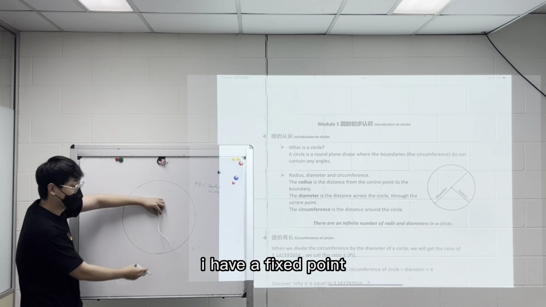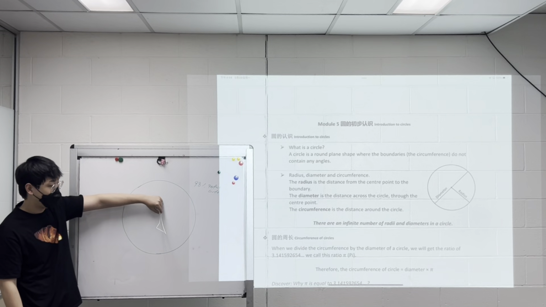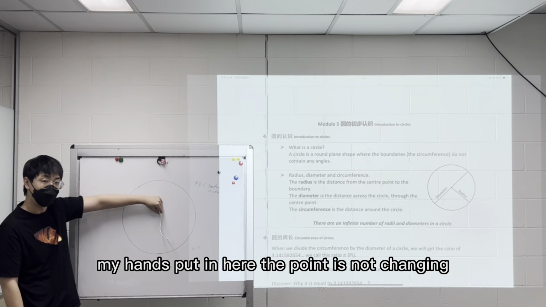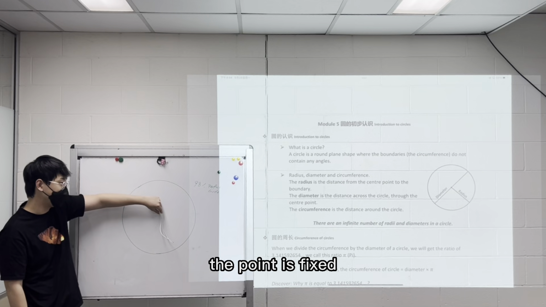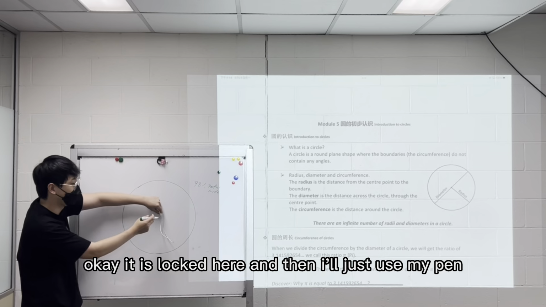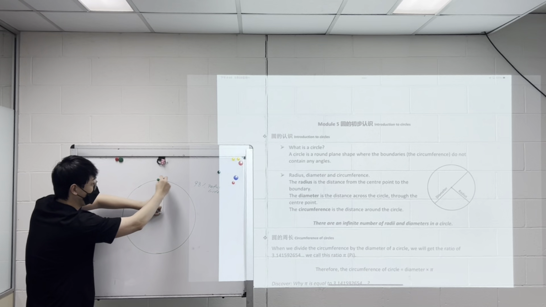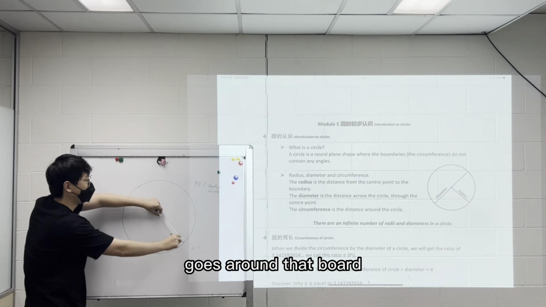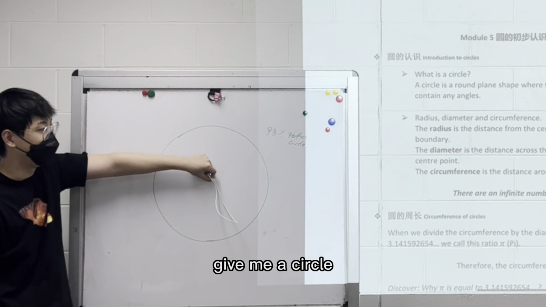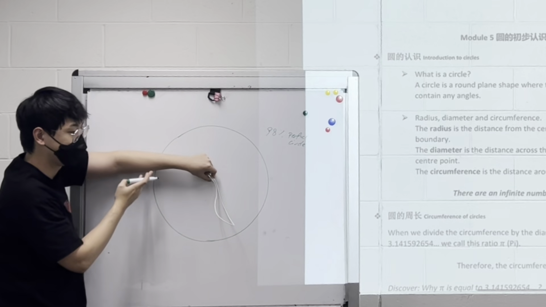I have a fixed point, right? My hand's put in here, the point is not changing, the point is fixed, it's locked here. And then I'll just use my pen, go around that board, and it gives me a circle.